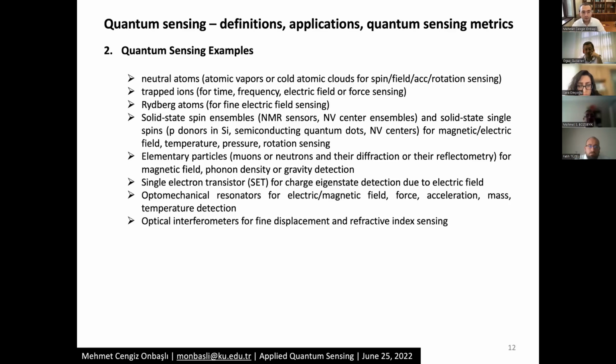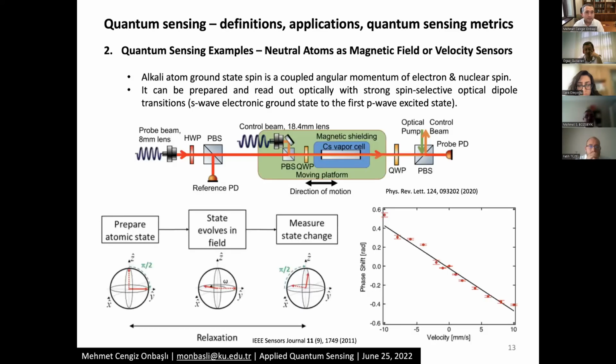So optical interferometers are also quite powerful tools that can be used for fine displacement and index sensing. One famous example is LIGO, that you may hear about in next week's presentations about gravitational detectors. So let me start with the neutral atoms.